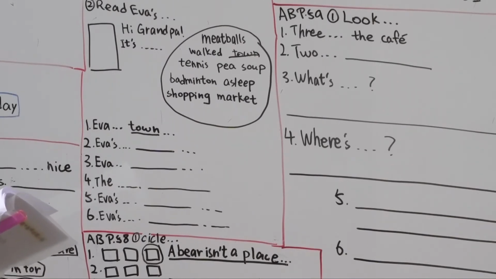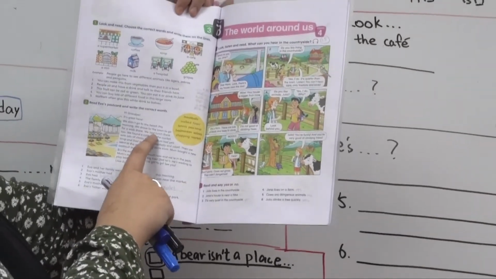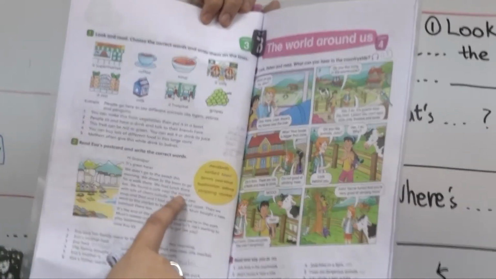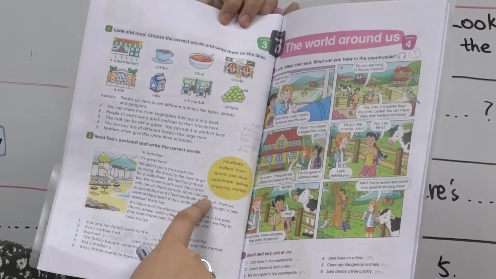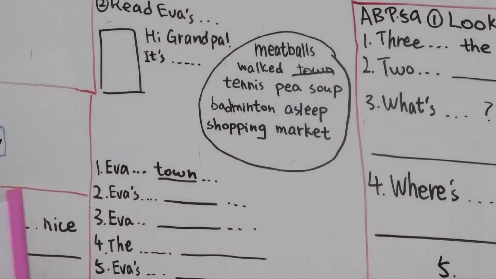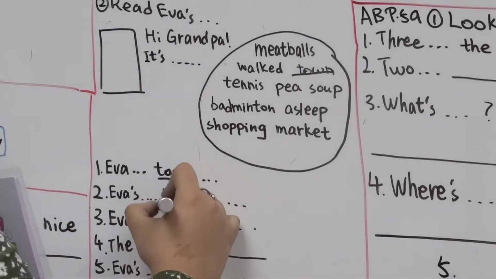What's the answer? Look at the paragraph. You will know. So they said, we had lunch there too. We found a cafe near the market with lots of chairs outside. Mom had pea soup, right? So where is the answer? Pea soup. It's here, right? So you have to write pea soup.